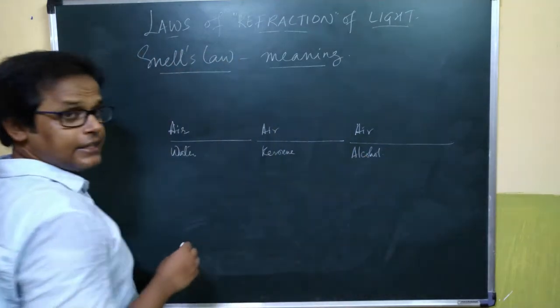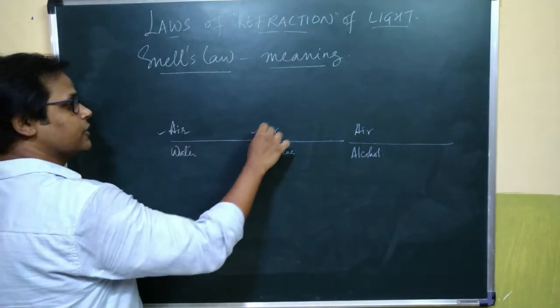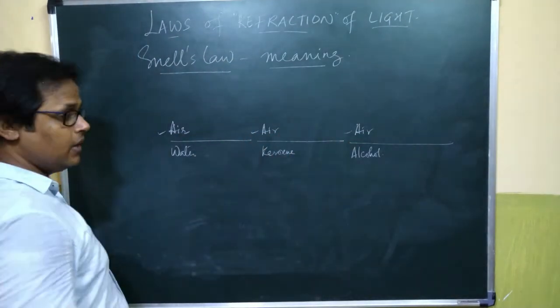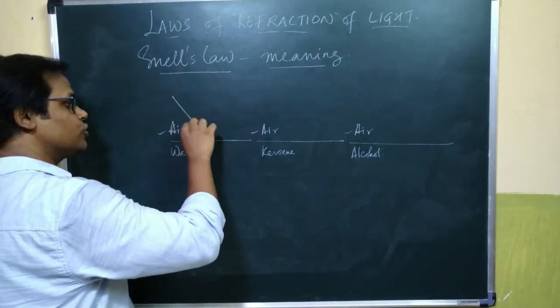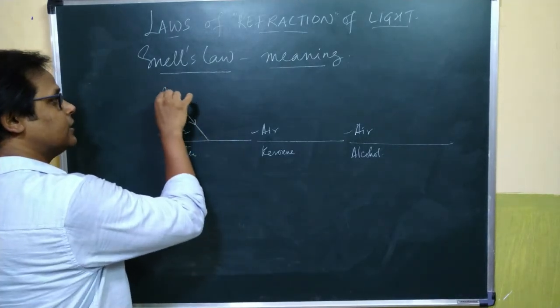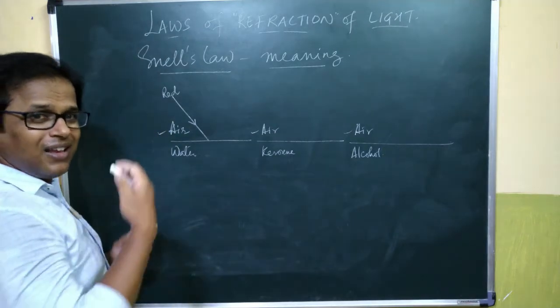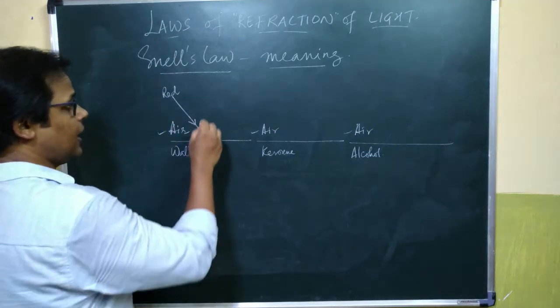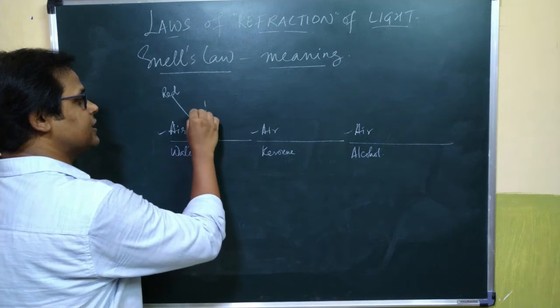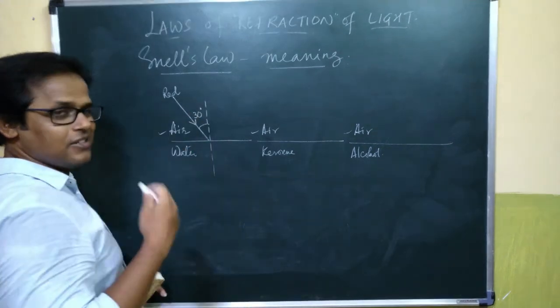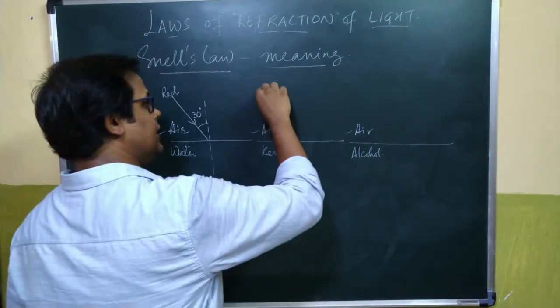So you can easily see that all have chosen the first media to be the same. The second media has changed. All have also chosen the same colored light for their experiment. Let us just take it's red colored light. And all have also maintained the same angle of incidence. Let us just suppose it is around 30 degrees.